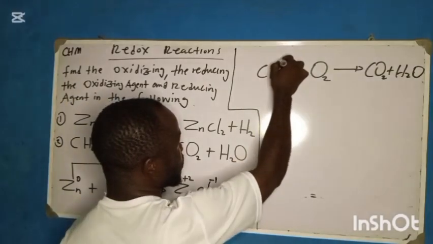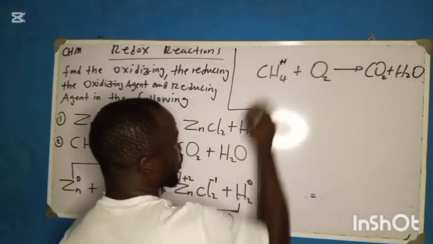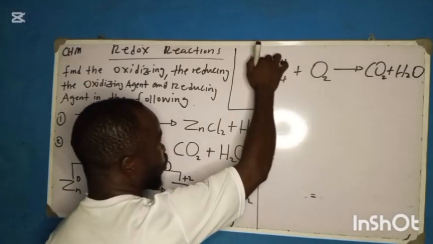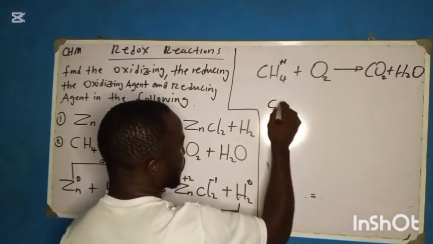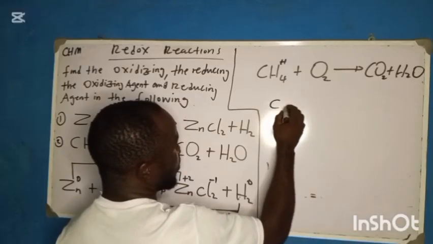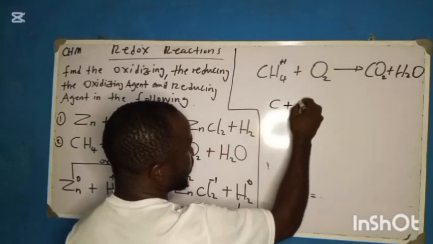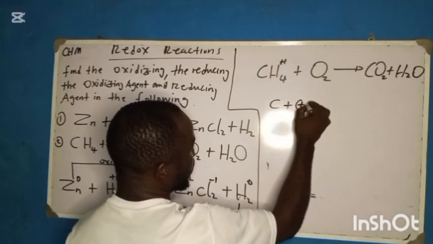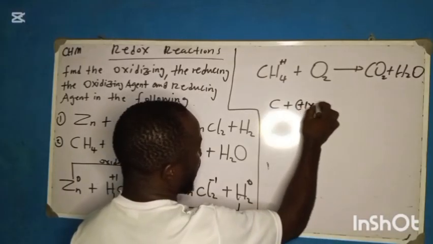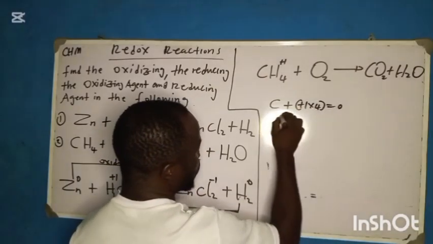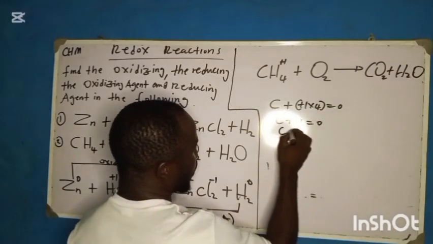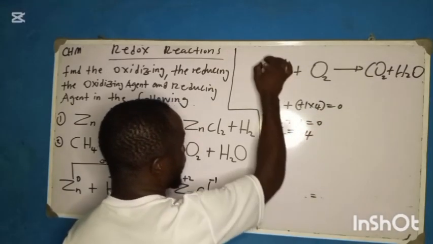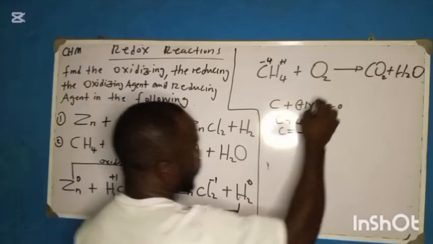Oxidation number of hydrogen is +1, and that of carbon will be what? Carbon plus +1, but there are 4 atoms, so multiplied by 4, will be equal to 0. So carbon plus 4 will be equal to 0. Carbon will be equal to -4. So here carbon is -4.